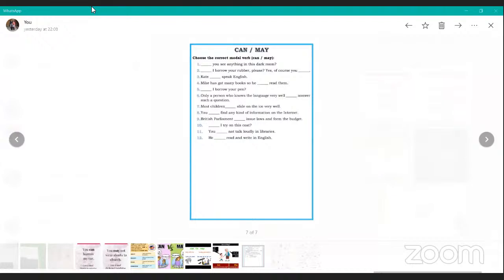British Parliament blank issue laws and form the budget. British Parliament may issue laws and form the budget.